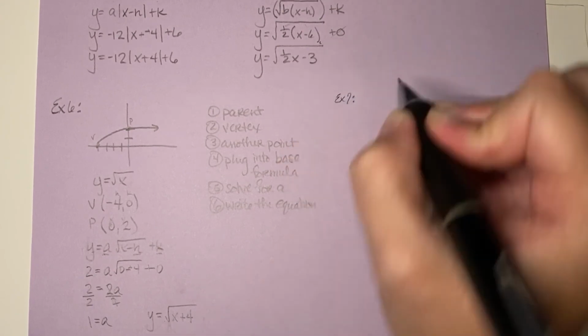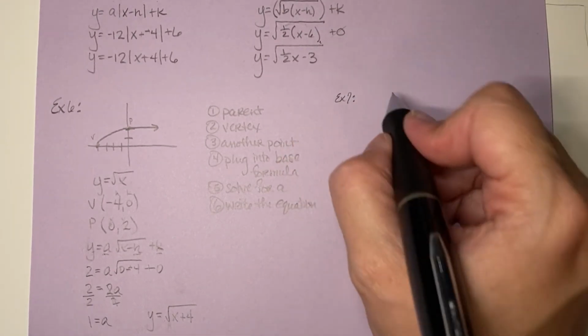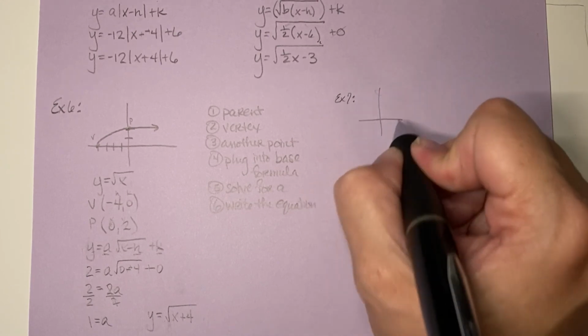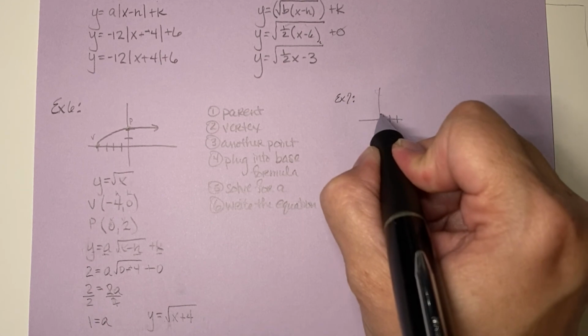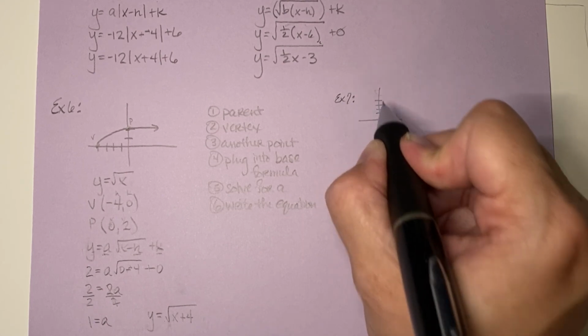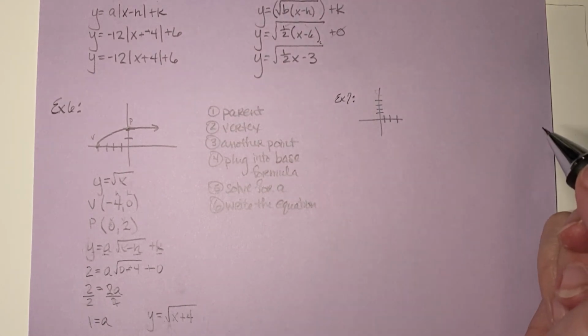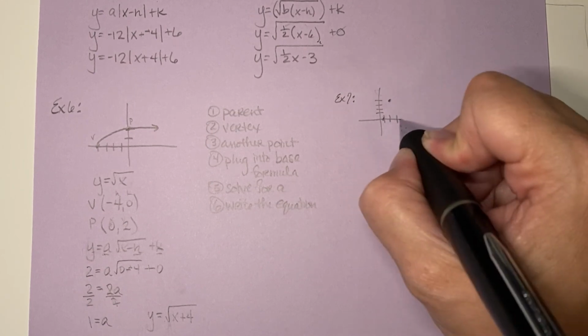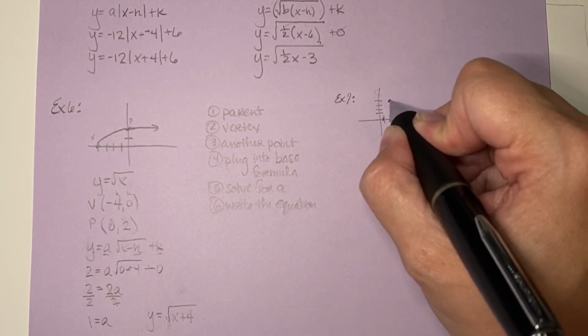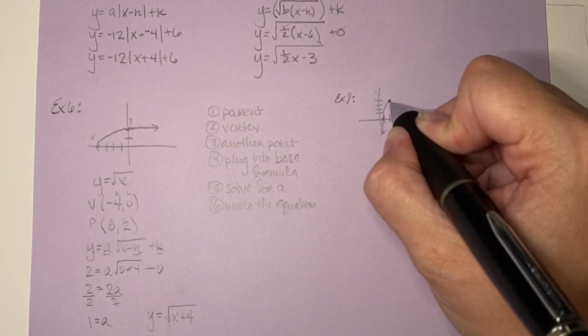All right, one more example using a graph, and then we'll be done. This graph has a vertex at (2, 4), and it has x-intercepts at 1 and 3.